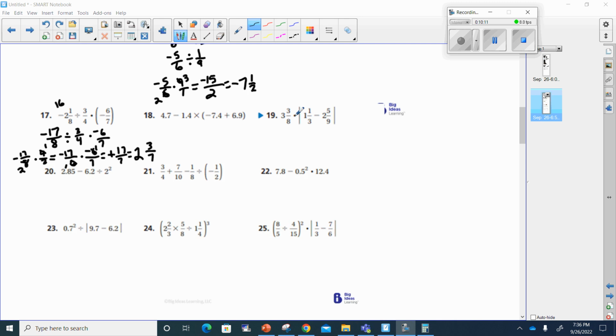I've got 3 and 3 over 8 times the absolute value of this number. So let's do what's inside here first. I got 1 and 1/3 minus 2 and 5 over 9. When I find this, I'm going to put these in improper fractions by going around the world. 3 times 1 is 3. 3 plus 1 is 4.